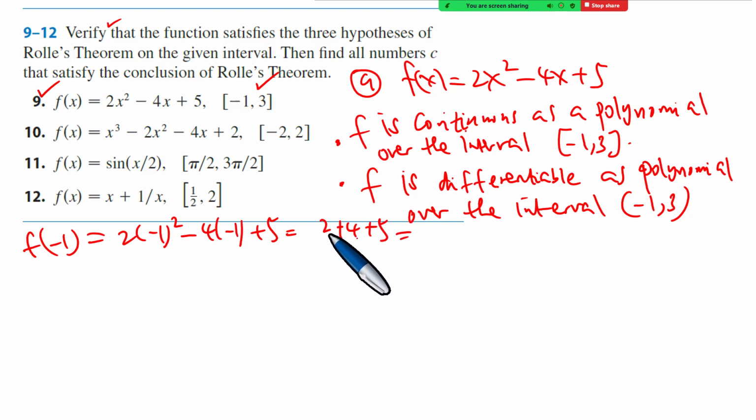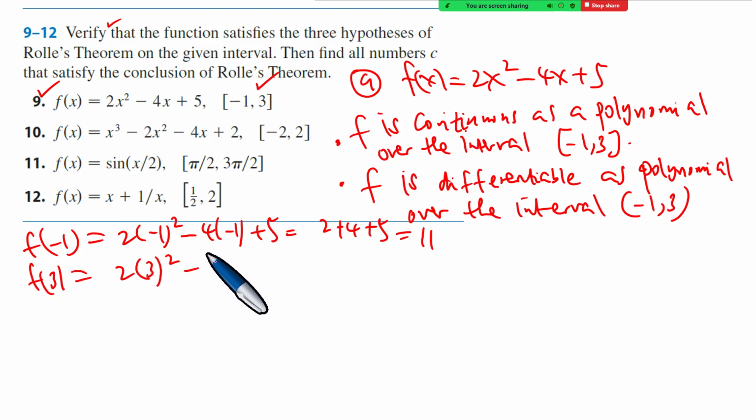This is 2 plus 4, which is 6. You add 5, you have 11. And then we have f of 3. Check. 2 times 3 squared, minus 4 times 3, plus 5. What is 3 squared? It's 9. 2 times 9 is 18, minus 12 plus 5.